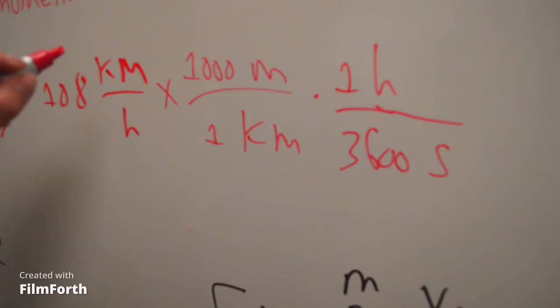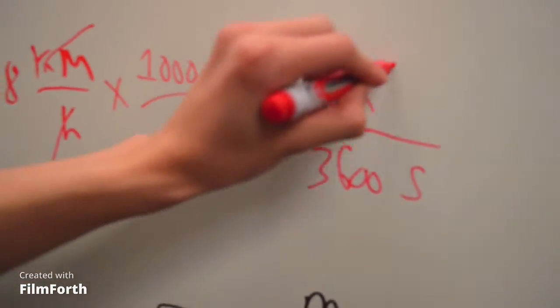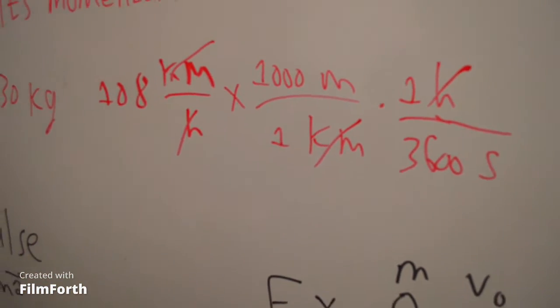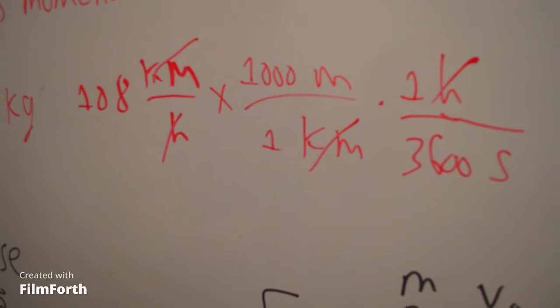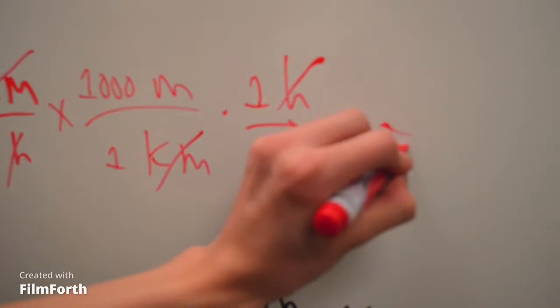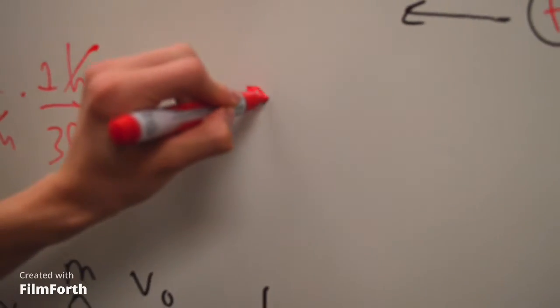Based off this, if we use a unit analysis, we see that the km's cancel out and the h's cancel out. So the shortcut for this, you can literally just divide by 3.6. Therefore, we get a velocity of 30 meters per second. Good.